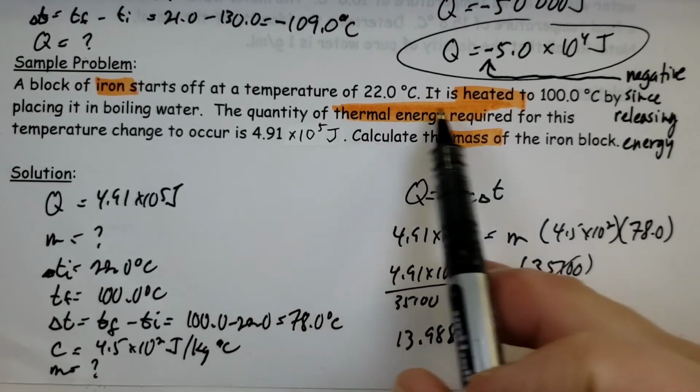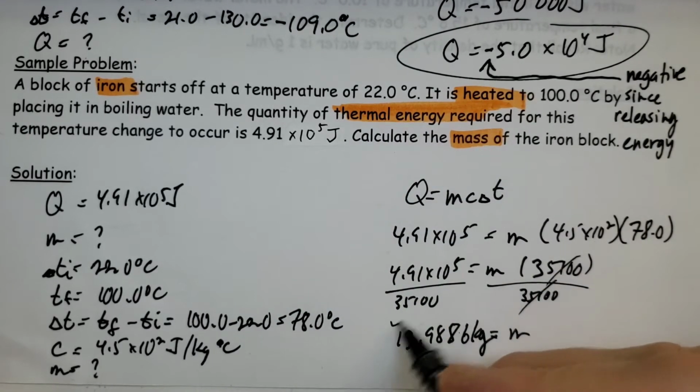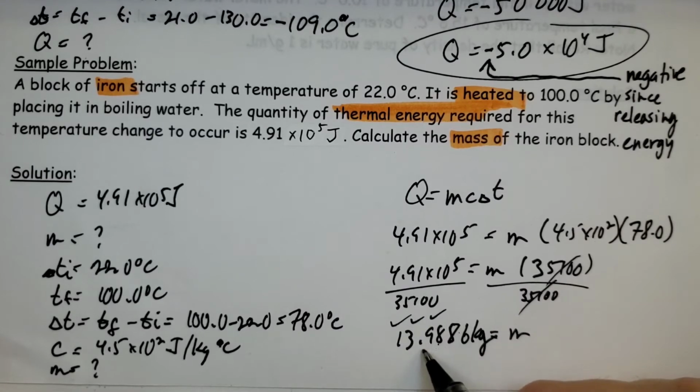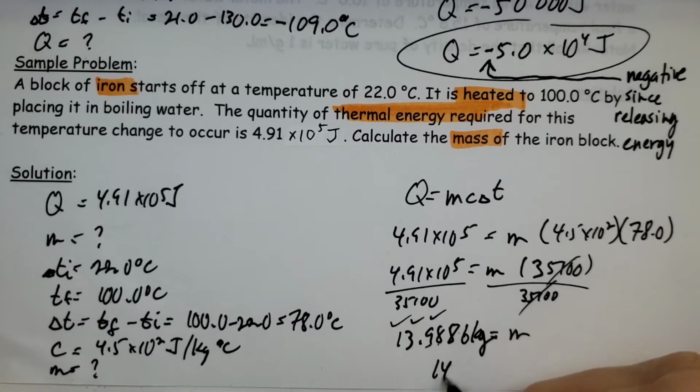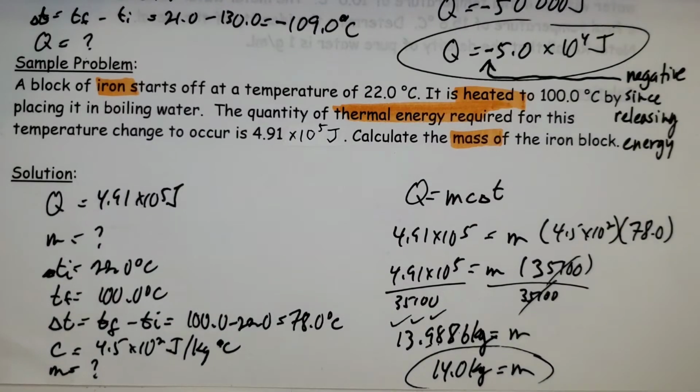I have 3 sig figs, so I'm going to round this off to 3 sig figs. That's an 8, so that gets bumped up by 1 unit, so that's going to be 14.0 kg. All right, so there we have that last example.